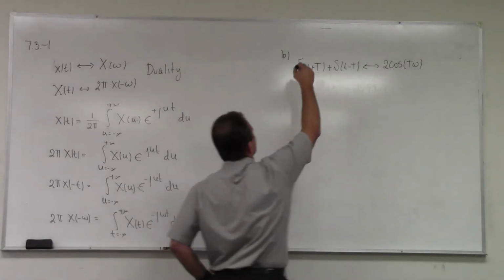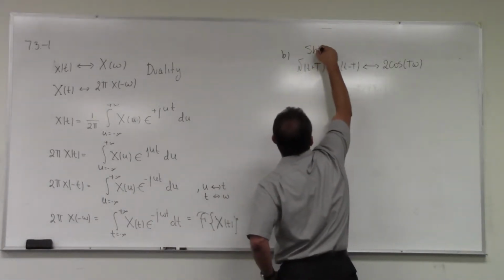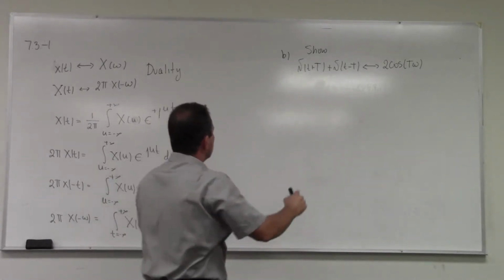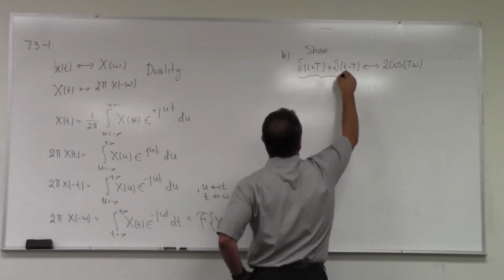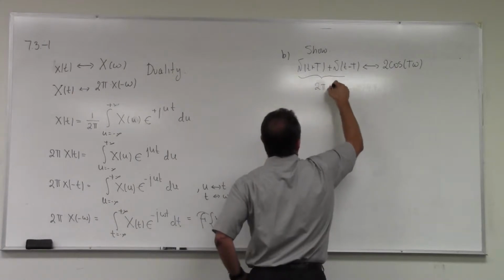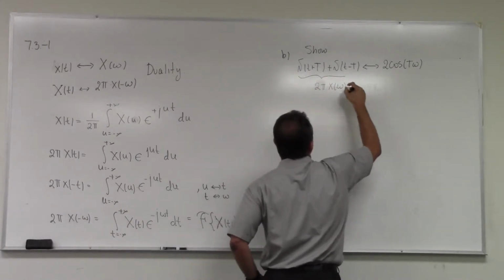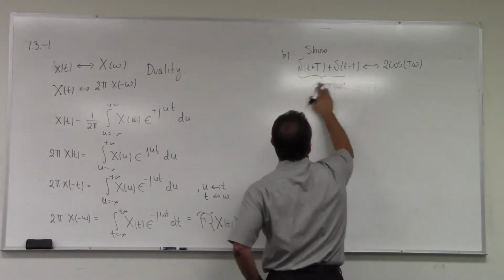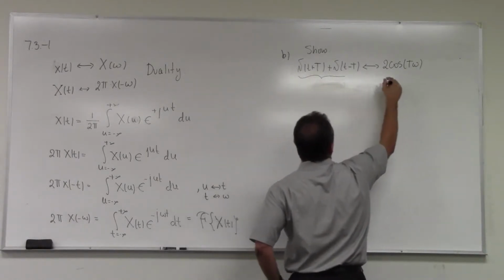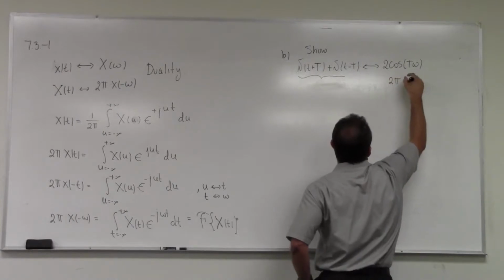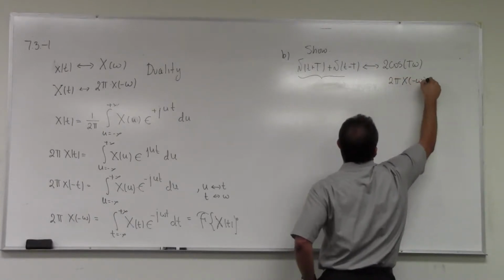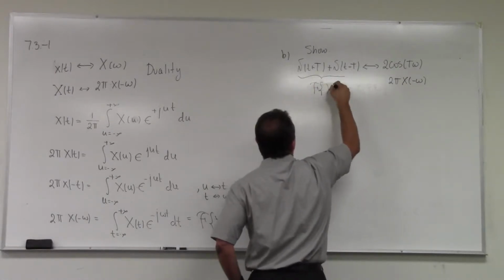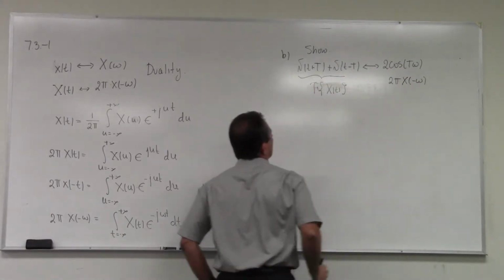So this would be 2 pi x of minus omega, and this would be the Fourier transform of capital X of t.